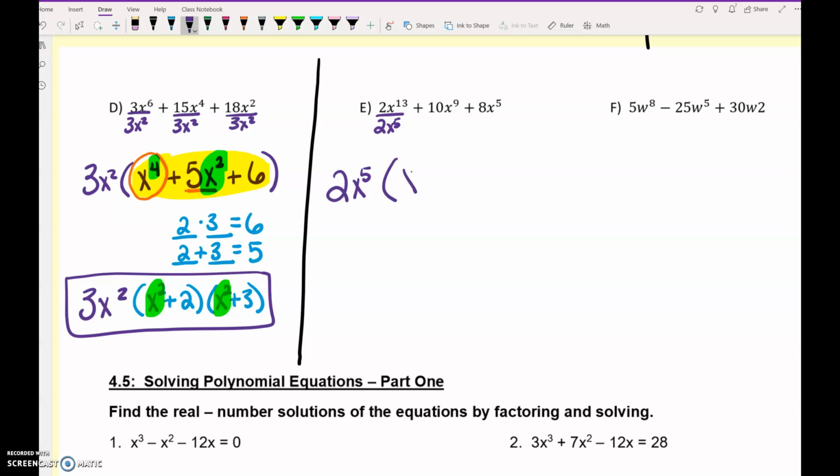That leaves us with 8. Still a very large exponent. 10x to the 9th divided by 2x to the 5th would give us 5x to the 4th. And 8x to the 5th divided by 2x to the 5th gives us 4.